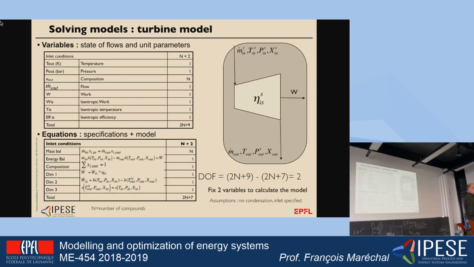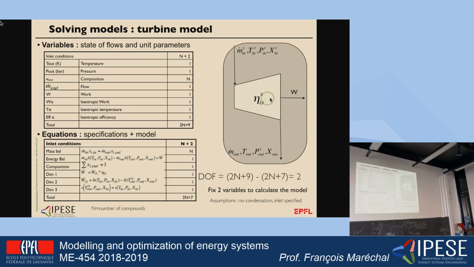Okay? If I have to model a turbine, I'm going to first declare what I would like to know, which are all the variables that I will deal with. So the output and input conditions, the isentropic efficiency of the turbine, and the mechanical power that the turbine will deliver.